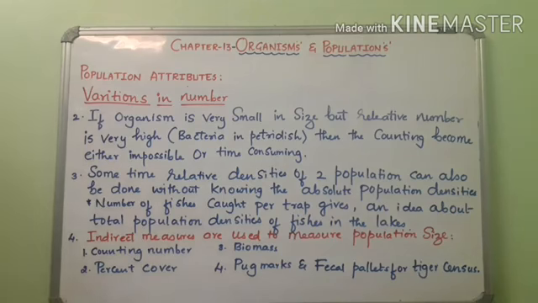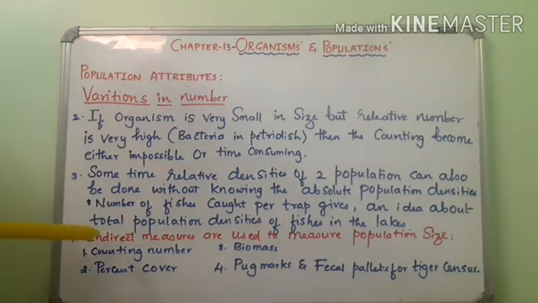On that basis, we calculate that in this lake there are more cichlid fishes compared to green sunfish. Like that, the number of fishes caught per trap gives an idea about the total population density of fishes in the lake.